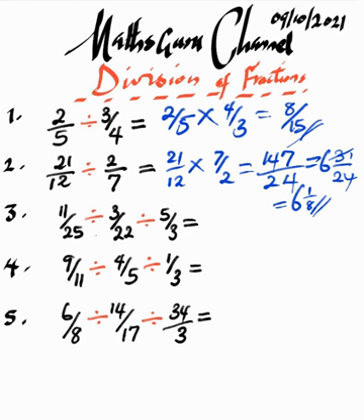Then, number 3, we have 11 over 25 divided by 3 over 22 divided by 5 over 3. Okay, we're going to put it this way. We have to write the first dividend, 11 over 25. We change the division sign to multiplication, and anytime you change the division sign to multiplication sign, we swap our divisor. So it's going to become 22 over 3. Then we're going to change it again.